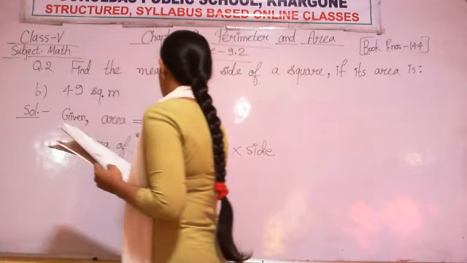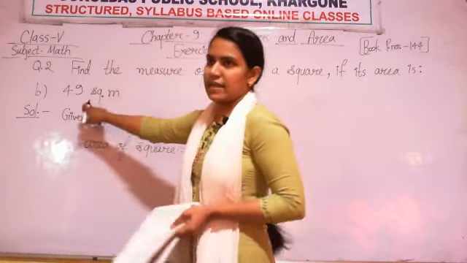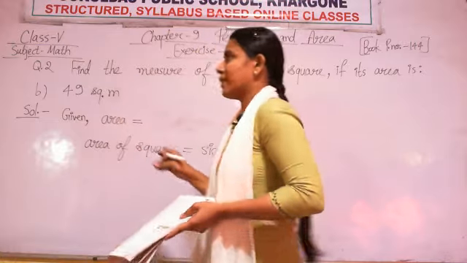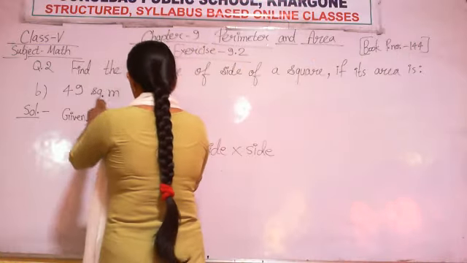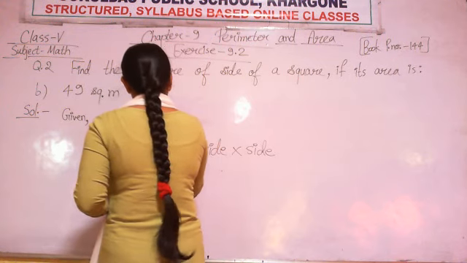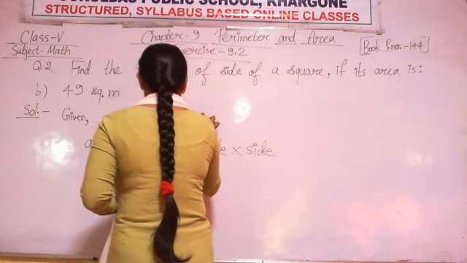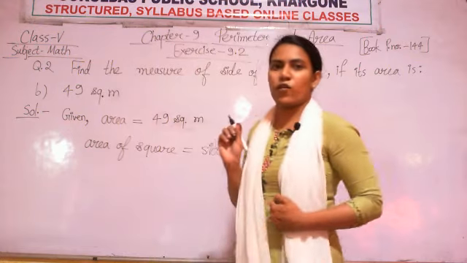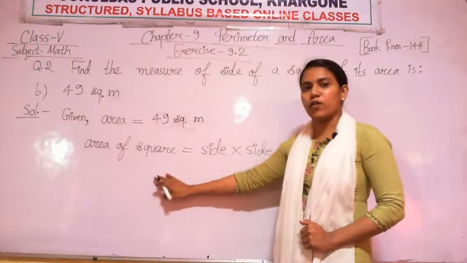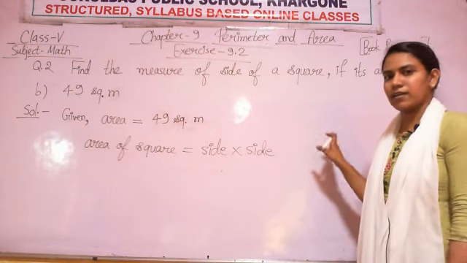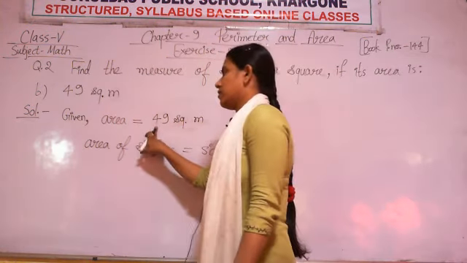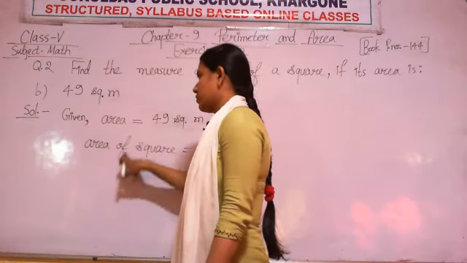What is given? Area is given and our task is to measure side. Area given is 49 square meter. As we already know, the formula for area of a square is equal to side multiply side. Now put the value of area.